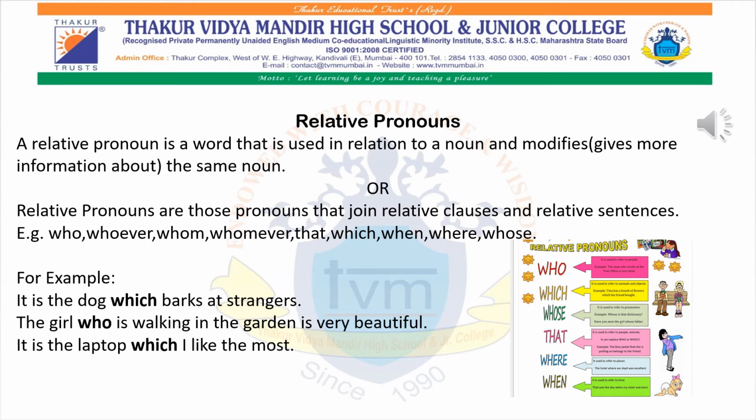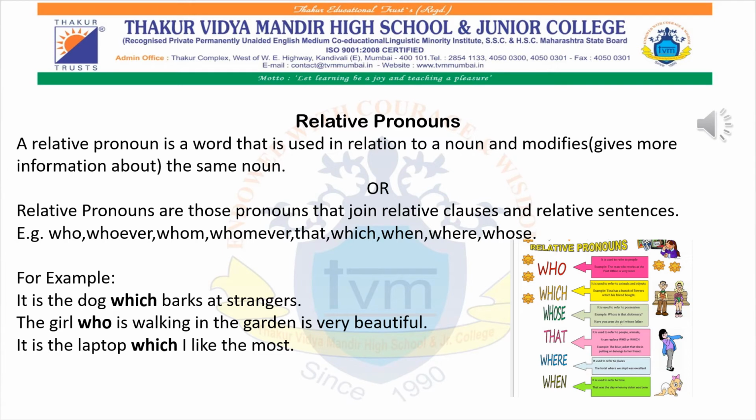Let's meet the fifth kind of pronoun, that is relative pronouns. A relative pronoun is a word that is used in relation to a noun and modifies or gives more information about the same noun. In short, relative pronouns are those pronouns that join relative clauses or relative sentences.